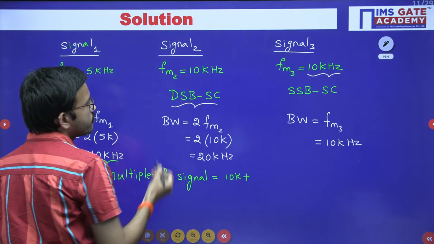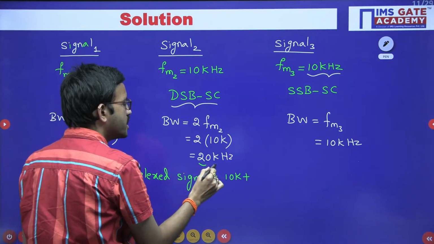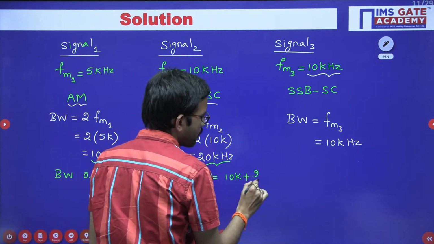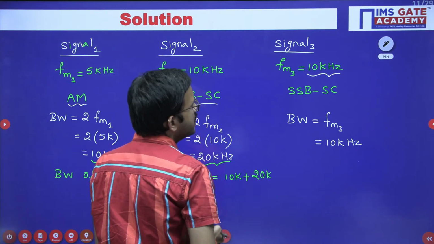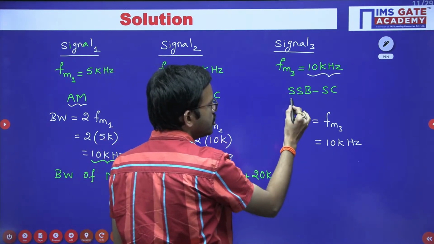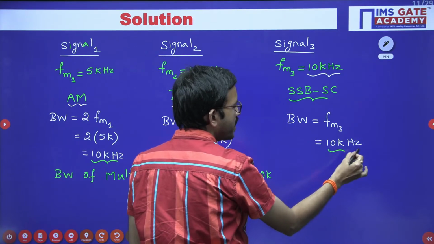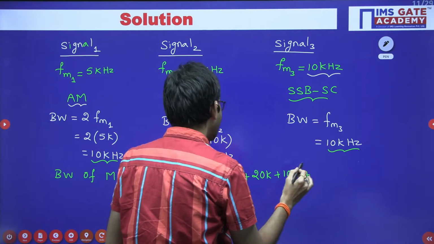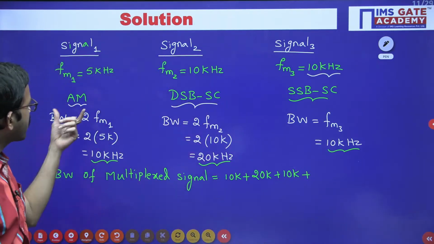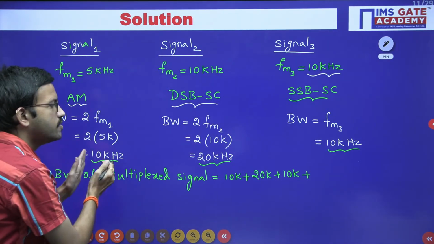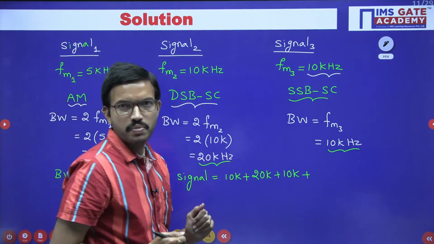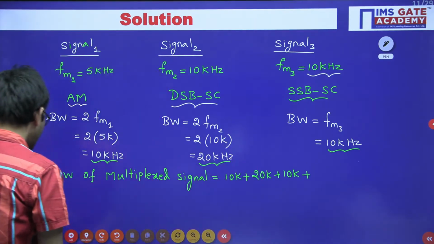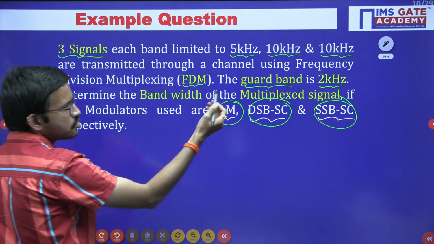When you have used for signal 2, DSBSC modulator, that time we require 20 kHz. And similarly, for signal 3, when you have used SSBSC modulator, we require bandwidth of 10 kHz. Whatever the bandwidth, according to the modulator that we have used, we have to consider those bandwidths. Now in the question they have mentioned guard band value as 2 kHz.